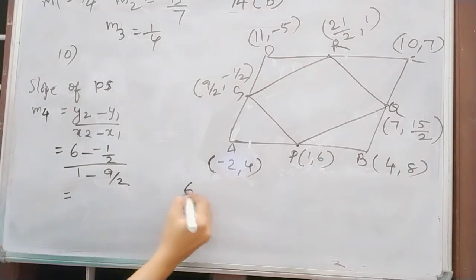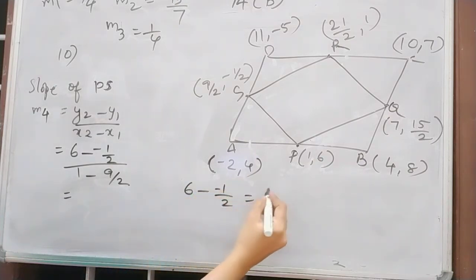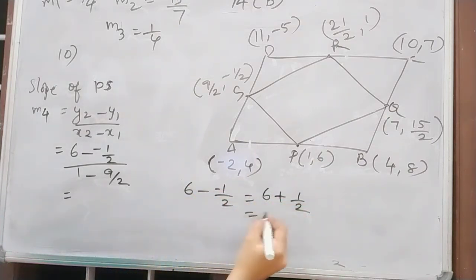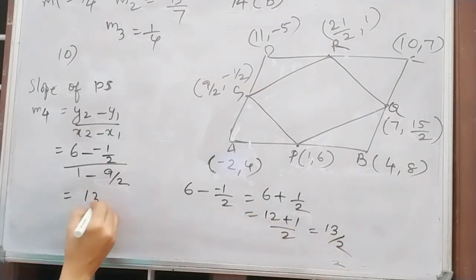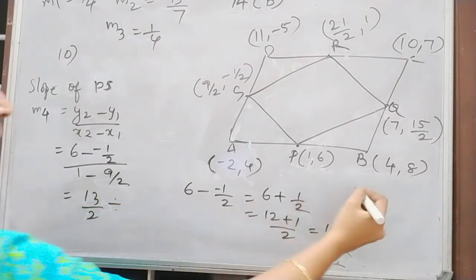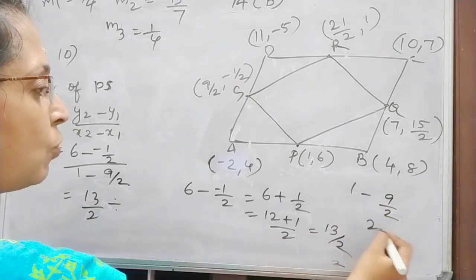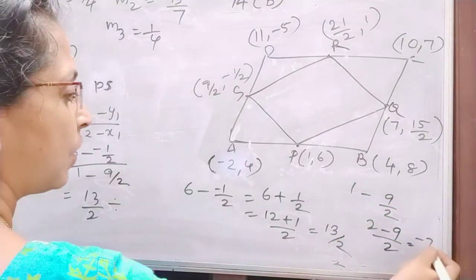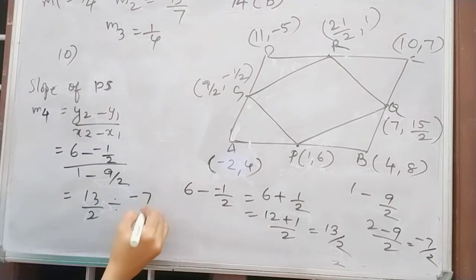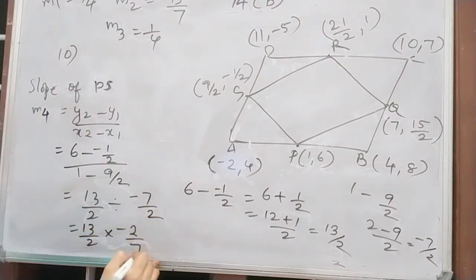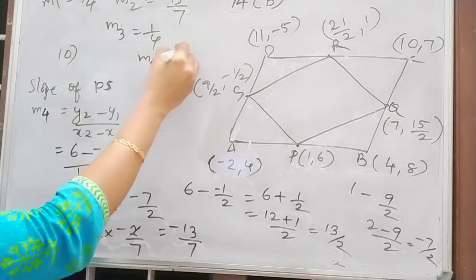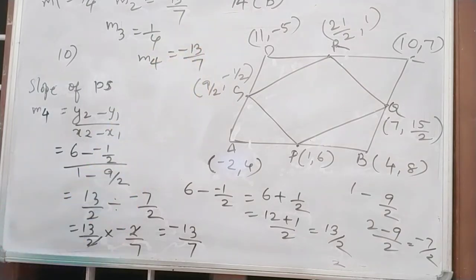So 6 minus negative 1 by 2 is 6 plus 1 by 2, that is 12 plus 1 by 2, which is 13 by 2. Then 13 by 2 divided by 1 minus 9 by 2, that is 2 minus 9 by 2, which is negative 7 by 2. So 13 by 2 into negative 2 by 7, the 2s cancel. So it is negative 13 by 7. So we got m4 as negative 13 by 7.